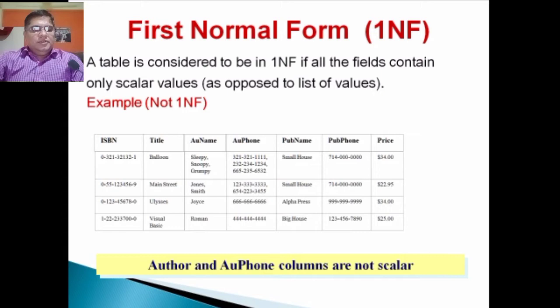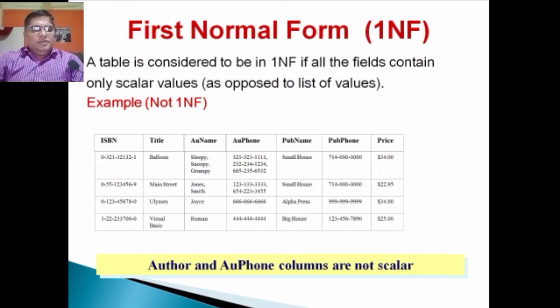First normal form resolves multi-valued attributes, composite attributes, and their combinations. For example, here is a table to be considered for first normal form. Author name is a multi-valued attribute, where there are 3 author names and 2 author names.